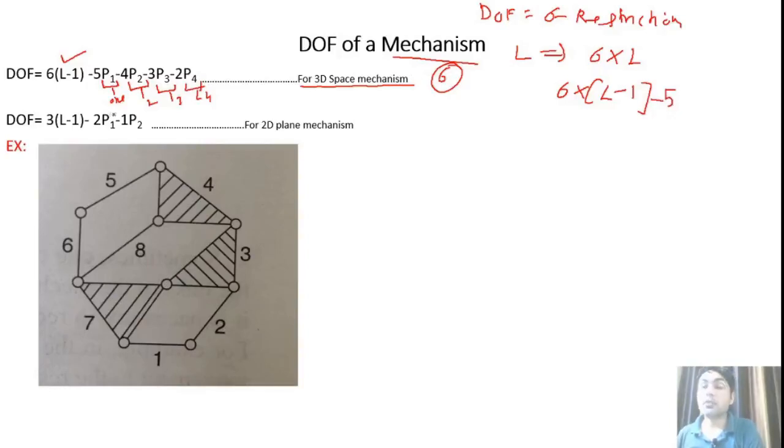If degree of freedom is 2, then we restrict 4. Similarly, if degree of freedom is 3, that means we restrict it in three directions. If degree of freedom is 4, that means we restrict it in 2 directions.